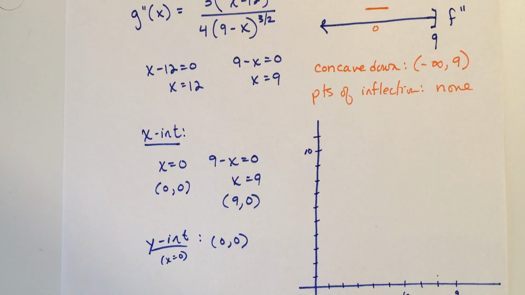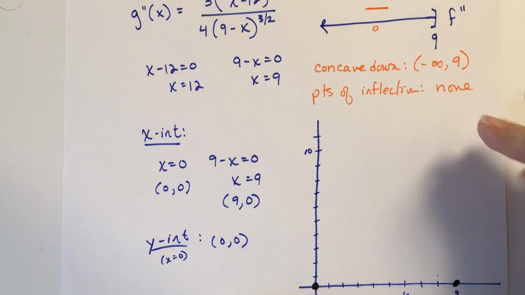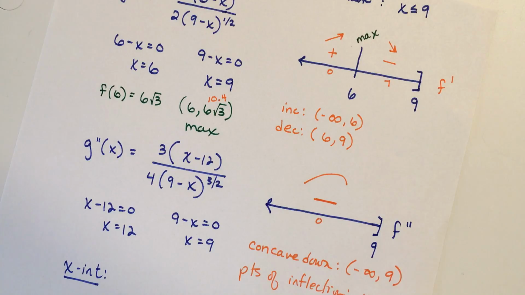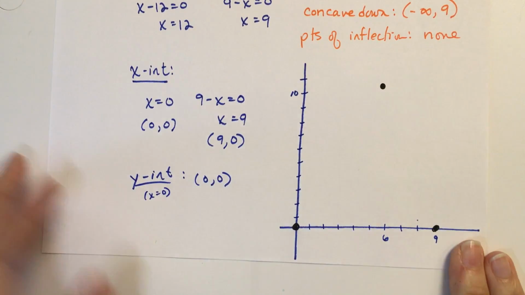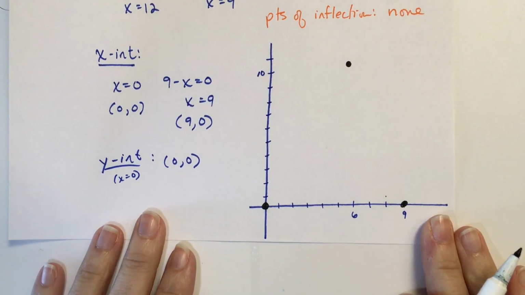Of course, we had 0, 0. We had 9, 0. And we had 6, and then approximately 10.4. Okay. All right, so there's our 3 points that we have found.